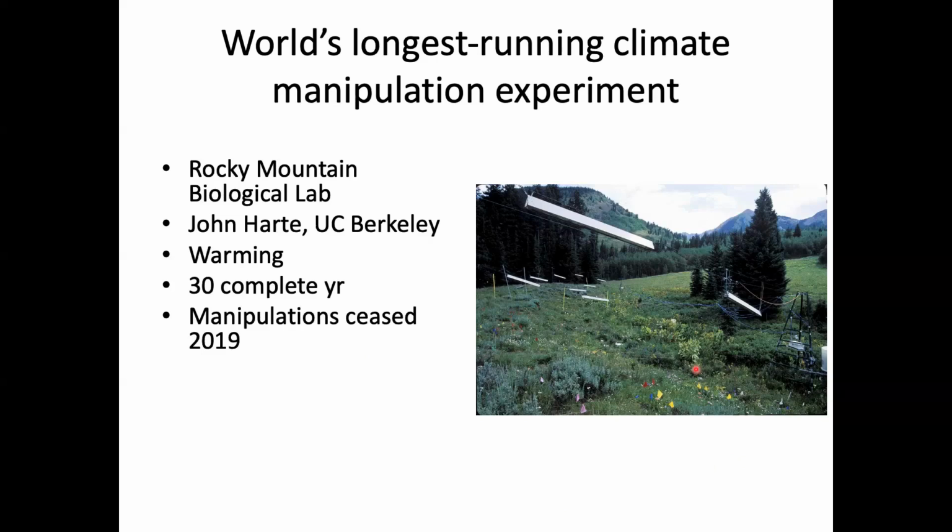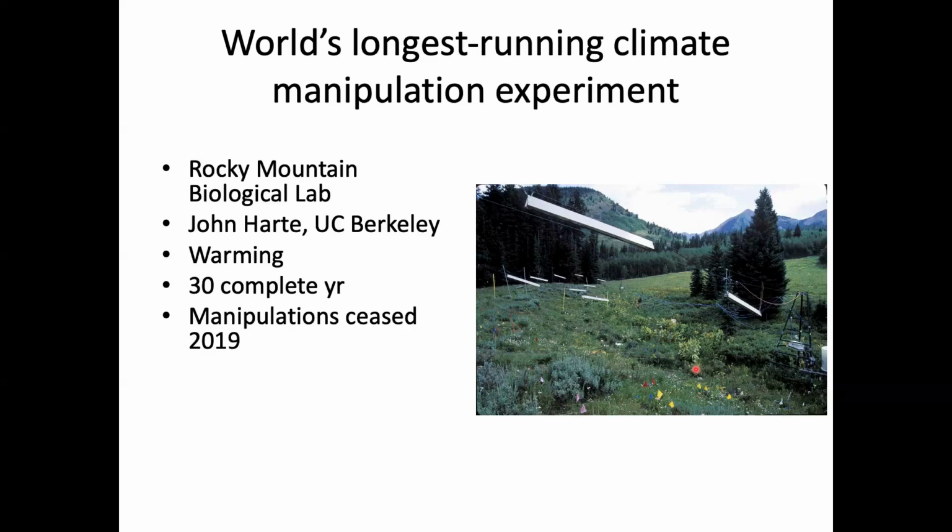But John cited one of the issues with experiments when they're run for this long is that the equipment that's being used can deteriorate over time. So one of the problems at the Rocky Mountain Biological Lab was that the equipment, in John's words, had kind of taken a real beating.